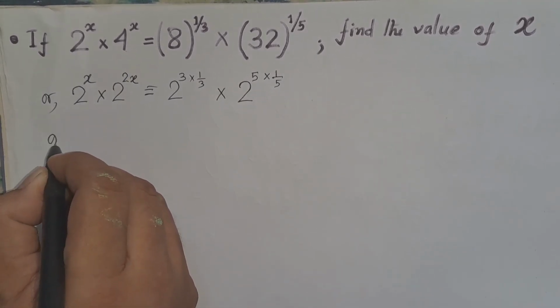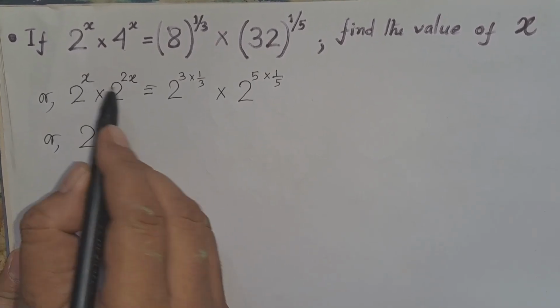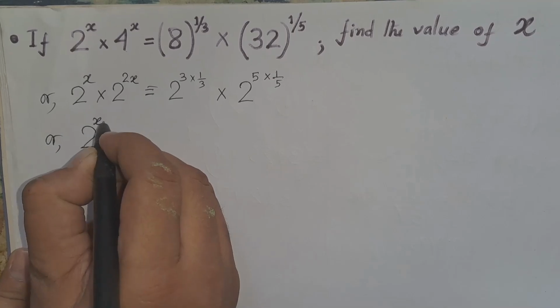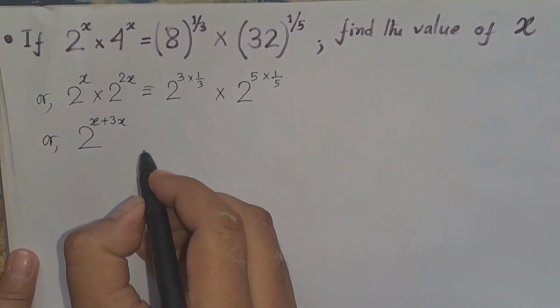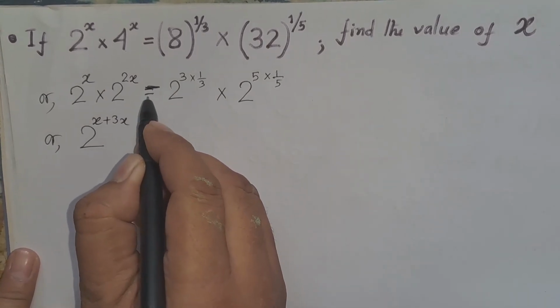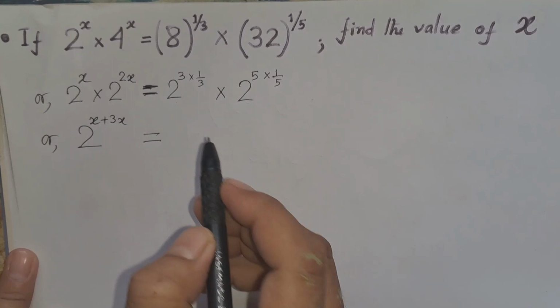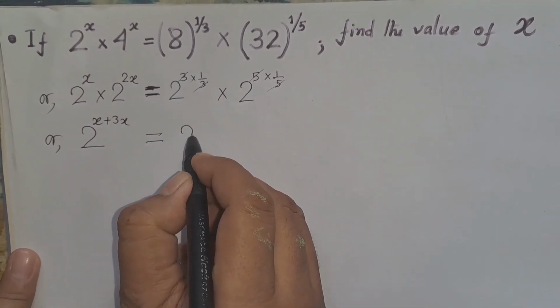Sorry that I was adjusting my camera. 2 to the power x and 2 to the power 2x. So the powers will be added because the bases are same. So 2 to the power x plus 2x, and here also the bases are same.